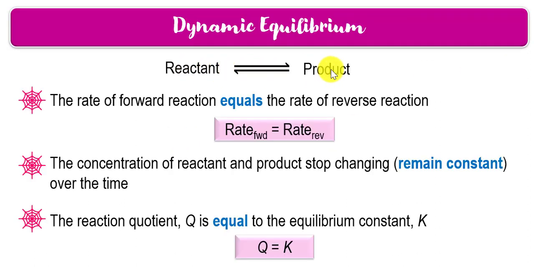When the forward reaction continues and the reverse reaction occurs at the same time, the rate of the forward reaction is equal to the rate of the reverse reaction. At this point, there is no further change in the concentration of the reactants and also the products. The reaction quotient is equal to the equilibrium constant and the reaction mixture has reached dynamic equilibrium.